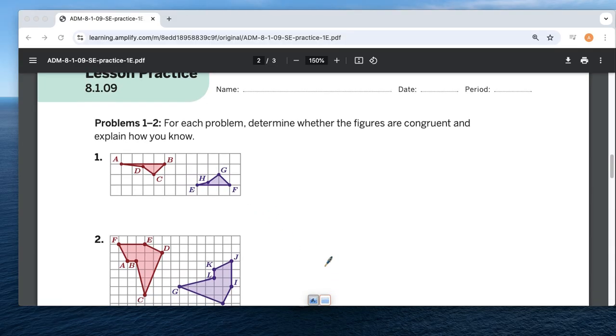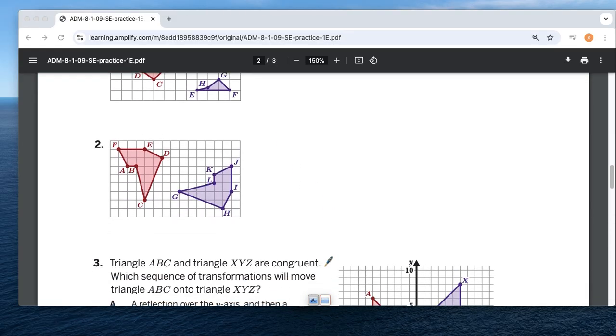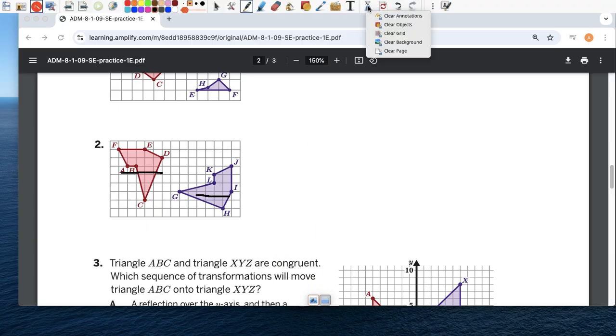This one, are they congruent? Oh, shoot, why did they make this? So, this looks like a rotation of 90 degrees, clockwise. So you can see that this rotated to that. Point C is this point over here.